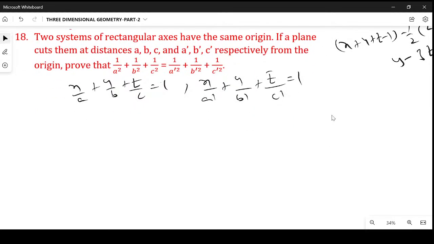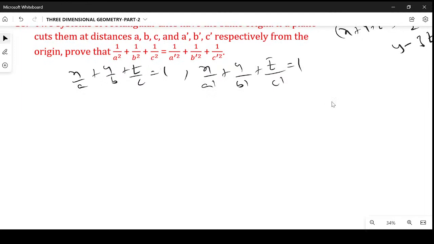When they are given like this, it is simple, only a one line answer. We can write the length of the perpendicular from origin (0, 0, 0) to each plane.